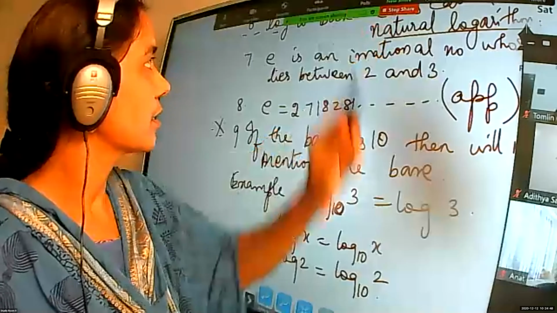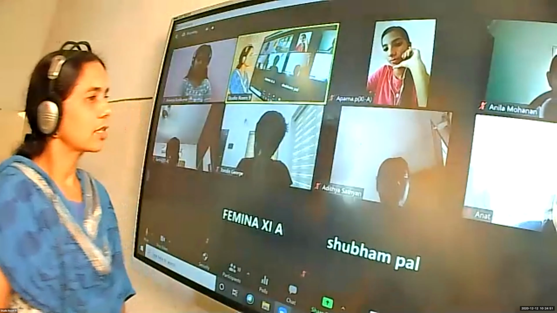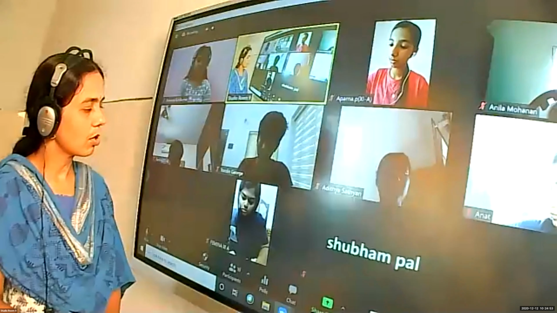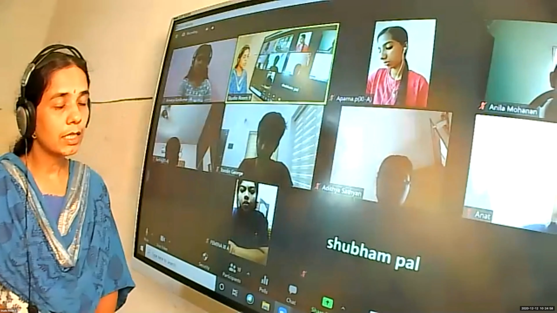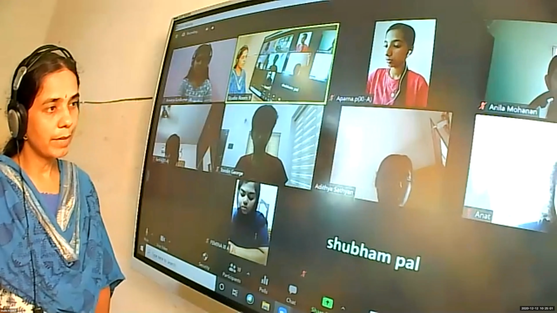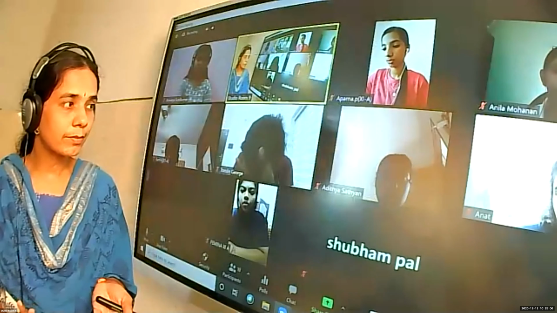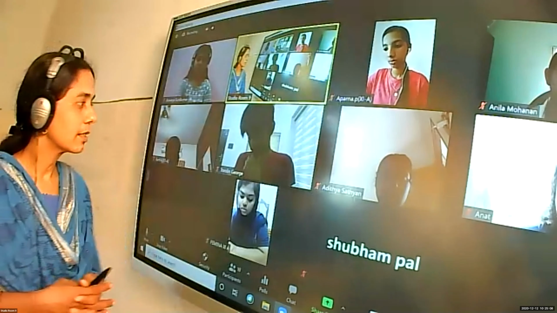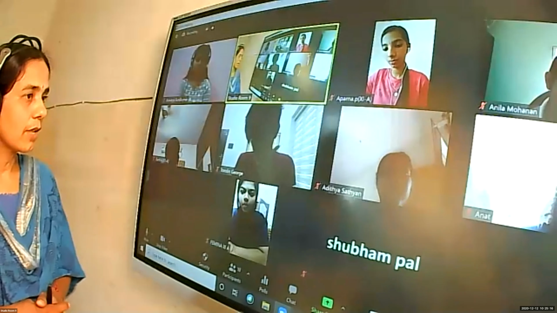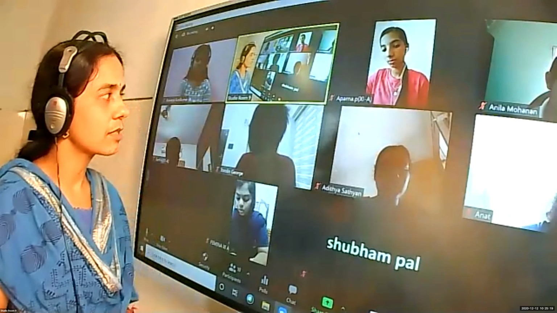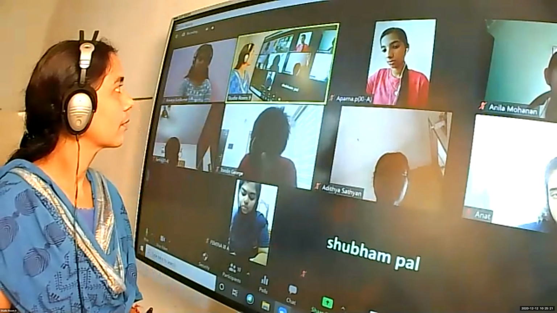Up to this, is it clear, children? So what is meant by natural logarithm? The base will be e. What is e? An irrational number between 2 and 3. If we say common logarithm, then the base is 10.